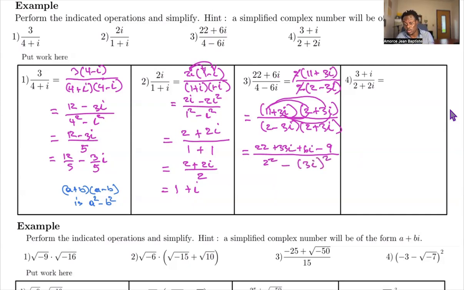It's not 3i squared with only the i squared; the 3i is in parentheses and squared, because that's going to be 9i squared, or negative 9, because i squared is negative 1. So that's plus 9. So the bottom is 4 plus 9, that's 13. The top, 22 minus 9 is 13.